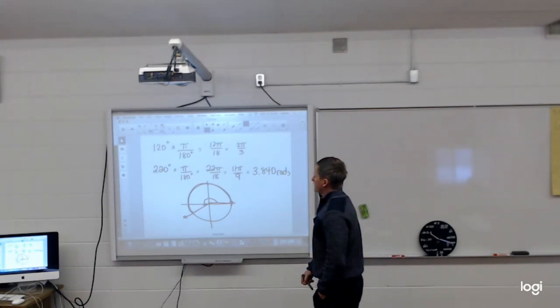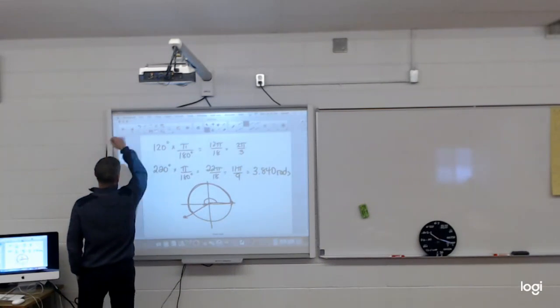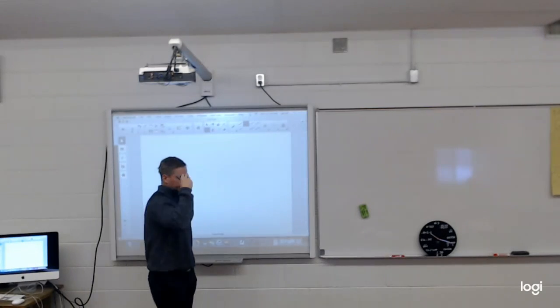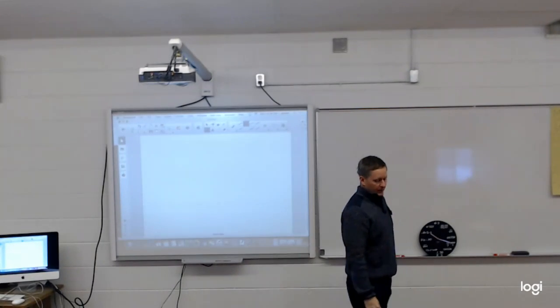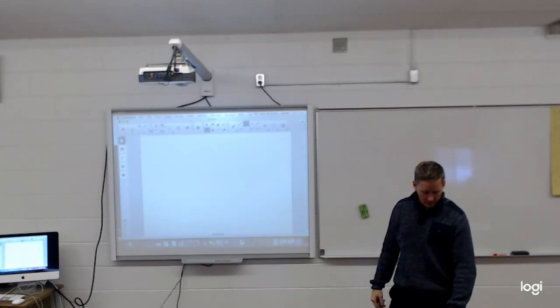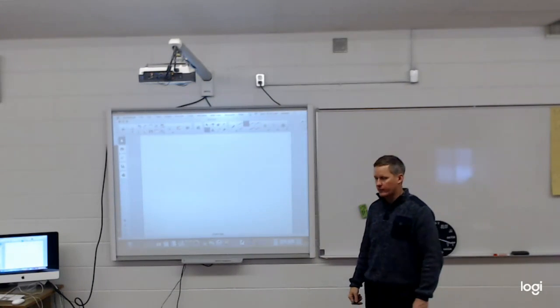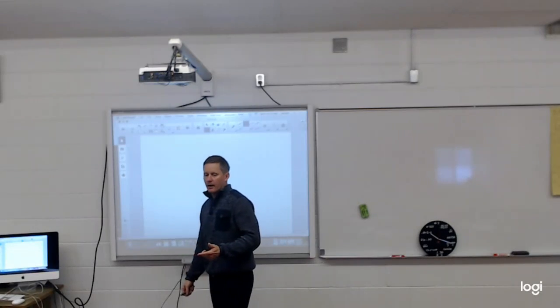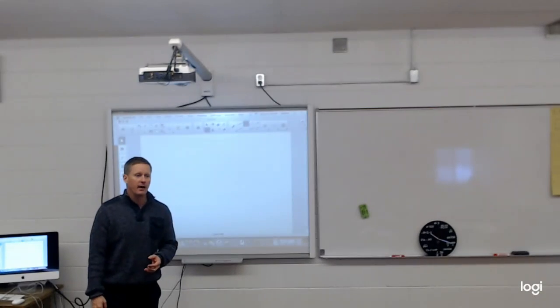Someone just mentioned the unit circle. We don't have to do the unit circle, but I'm going to use it to show you because we do have to graph sine and cos, and we have to do sine and cos regression graphs.